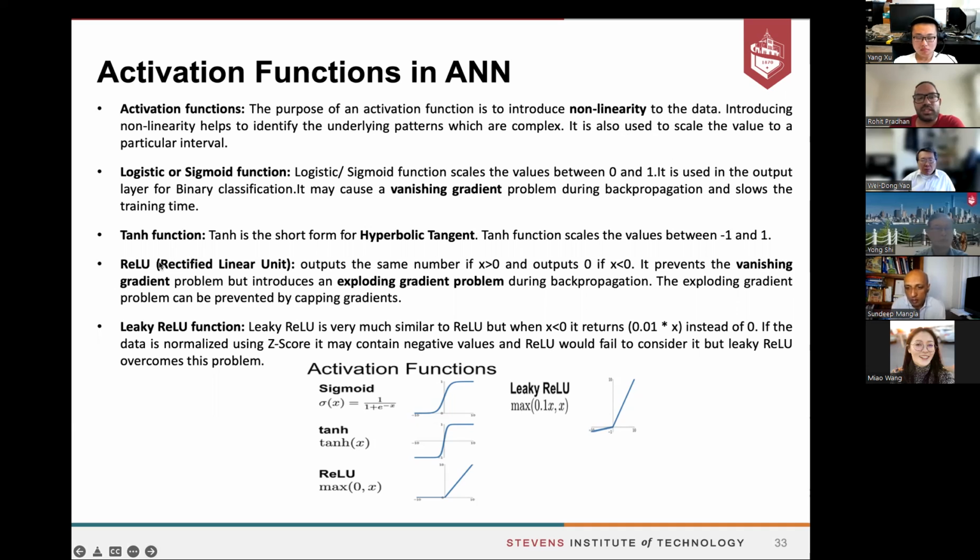The next is the rectified linear unit. The rectified linear unit just takes the maximum between 0 or the data value. The sigmoid suffers from the exploding gradient problem or the vanishing gradient problem.